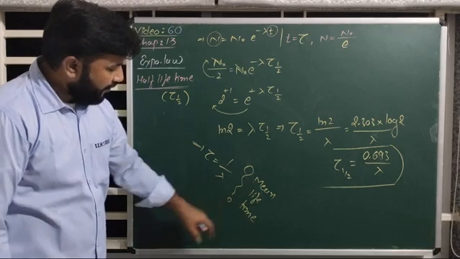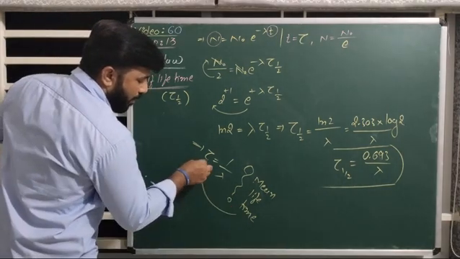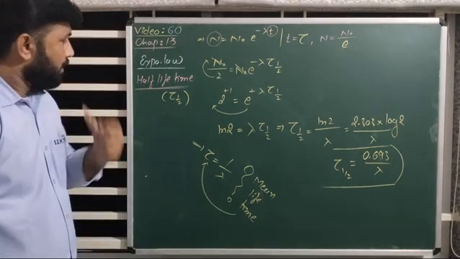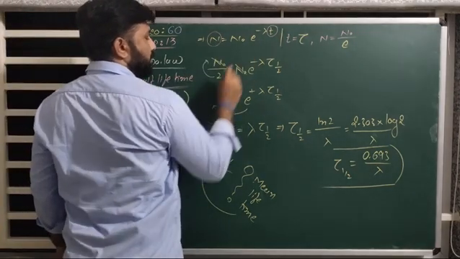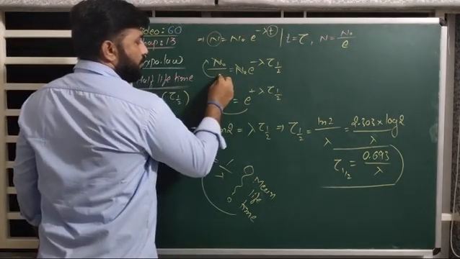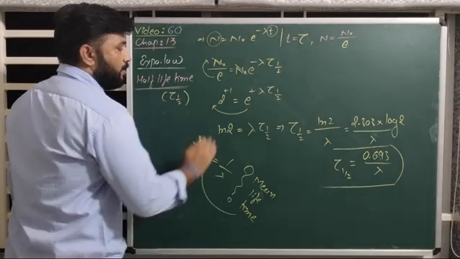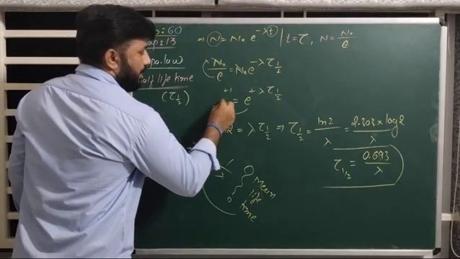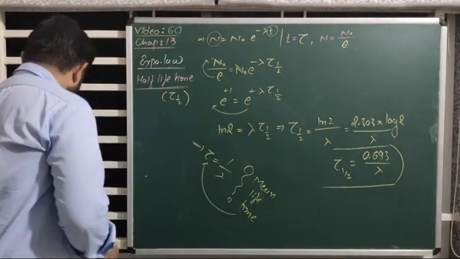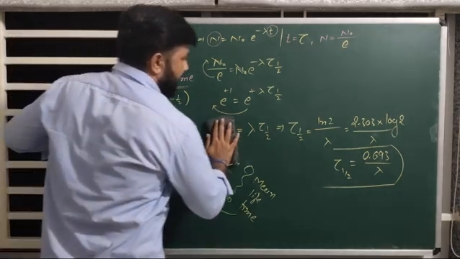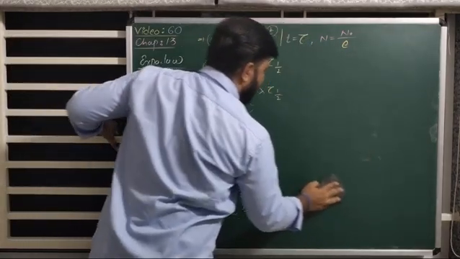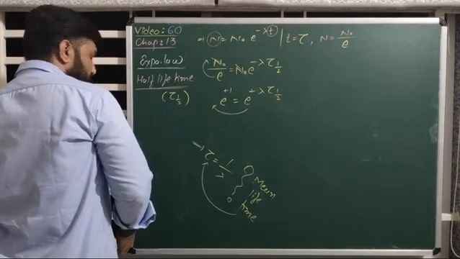Mean lifetime has the symbol τ. Just replace this. So here instead of 2 there will be e, so it is e inverse. And now it is very easy. If the base is the same, then you can compare the powers.